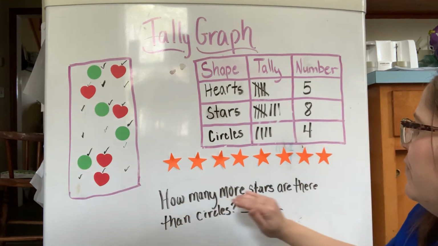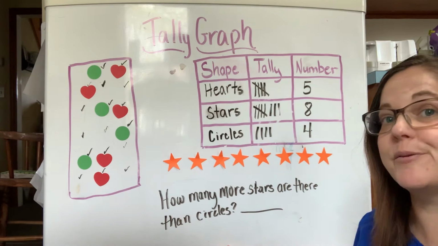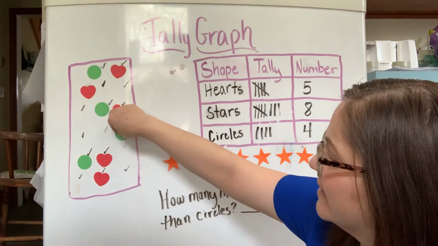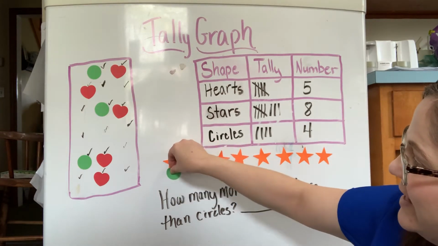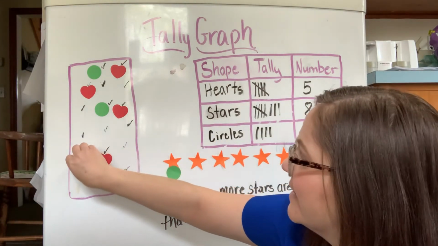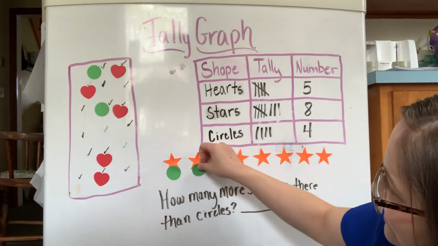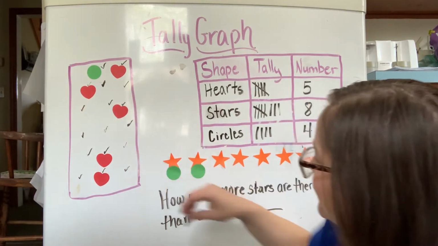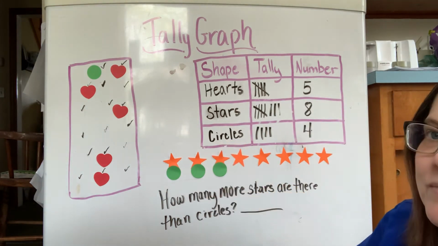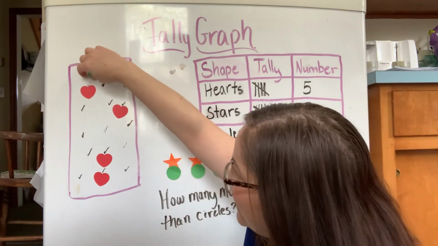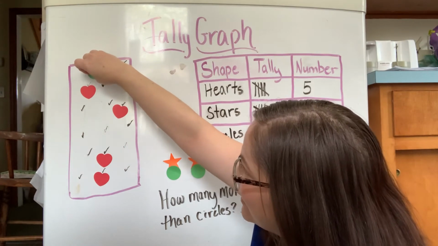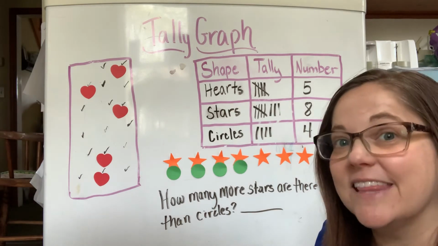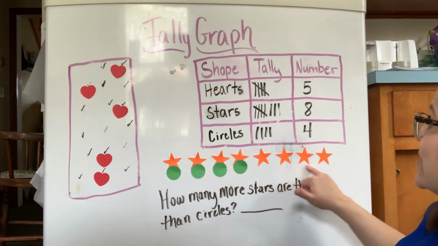Now they want to know how many more stars are there than circles, but we have some circles. So check this out. This circle and this star, they kind of match up. This circle and this star kind of match up like buddies. This circle and this star kind of match up like buddies too. And finally, this circle and this star match up like buddies. And that leaves us with 4 stars.